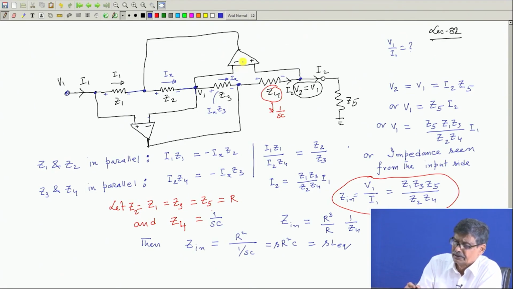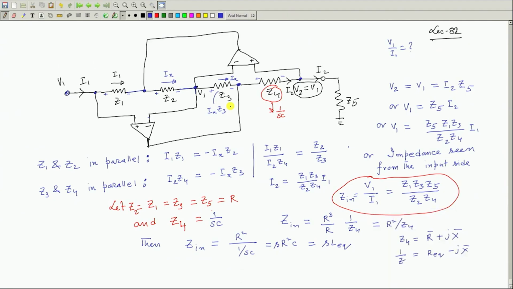I think it is very interesting. The initial circuits were proposed by somebody whose name I have forgotten. You go through the textbooks, you will find there was a paper on that. Therefore, this circuit can be treated where Z4 is the element I connect, and the impedance will appear different looking from this end.